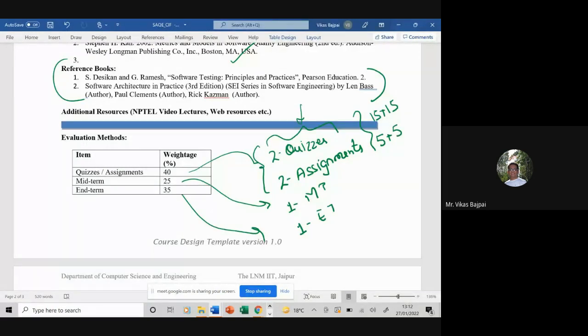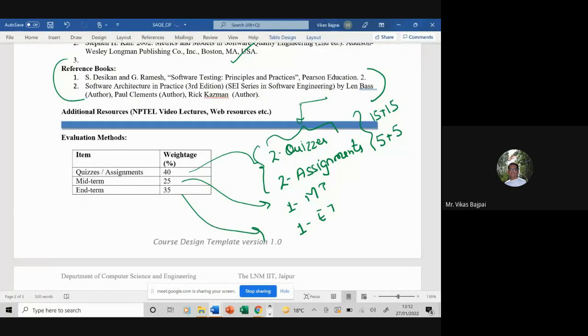But in this scenario, where things are in online mode, and I do understand that you have to give a lot of screen time to these online classes and other stuff, I'm not giving any weightage to the attendance part.